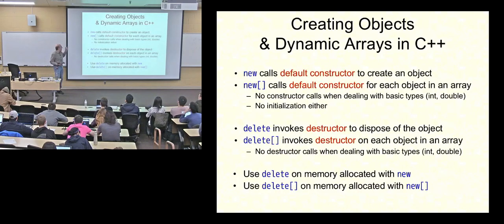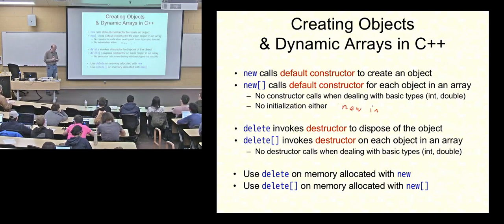Now, when we do new and delete, when we do new, we're getting one object. When we do new with square brackets, like if I say new int[4], I get a block of 4 integers. And why would we use one new over the other? Well, it depends on what we're doing. If I was creating a linked list, I would use the first version.